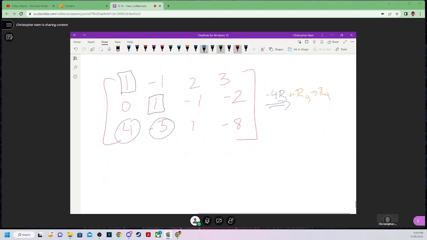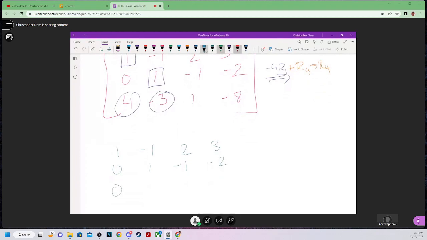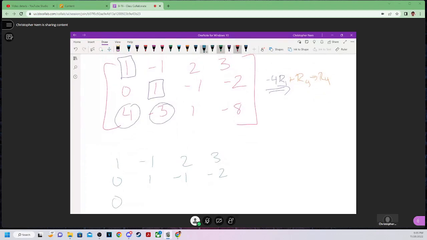If I do that, I'll have 1, negative 1, 2, 3, 0, 1, negative 1, negative 2. This turns into a 0, and negative 4 times negative 1, that's positive 4. That's 1. Negative 4 times 2, that's negative 8, plus 1, that's negative 7. Negative 4 times 3, that's negative 12.